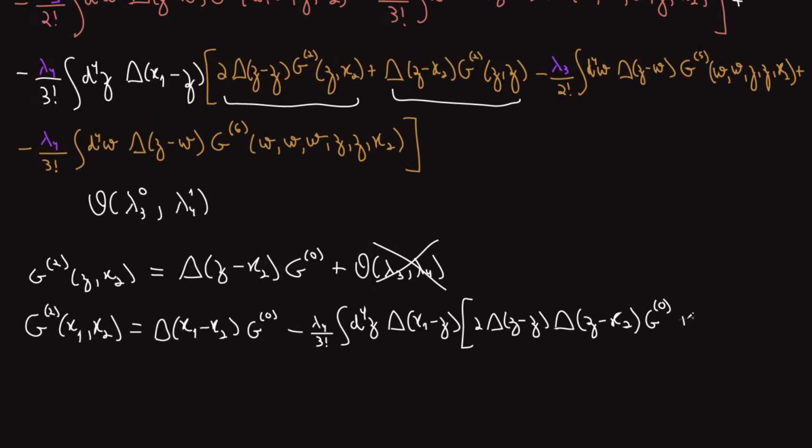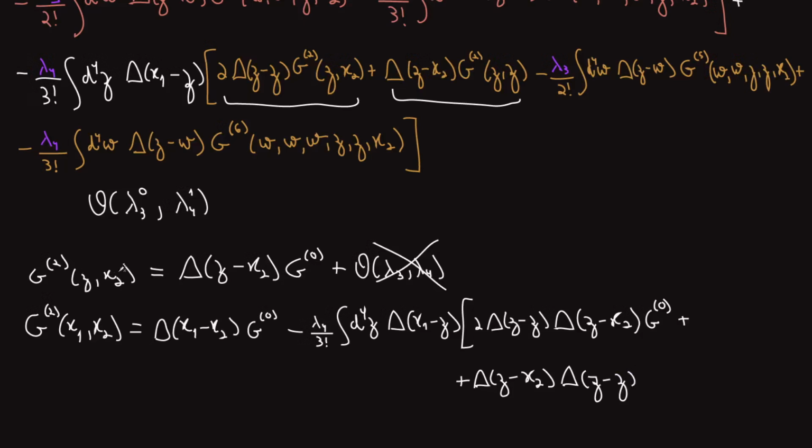Plus, now this part is just delta z minus x2, and for G2 here I use this expression again, delta z minus z.